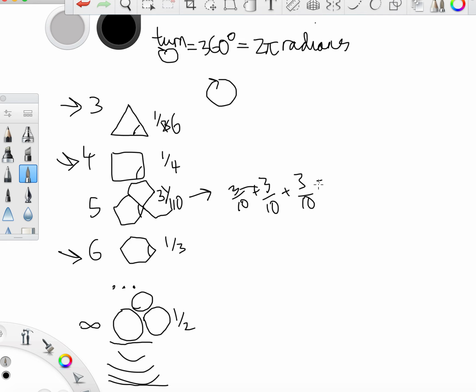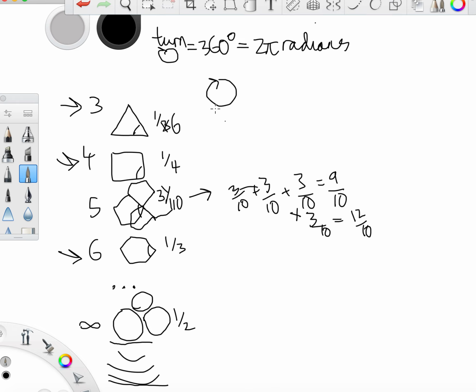The problem is that if you put 3 together, you'd end up with 9/10 of a turn, which is not enough to fully cover this gap. But if you try to stuff in another pentagon, you end up crossing over: adding another 3/10 of a turn gives you 12/10.